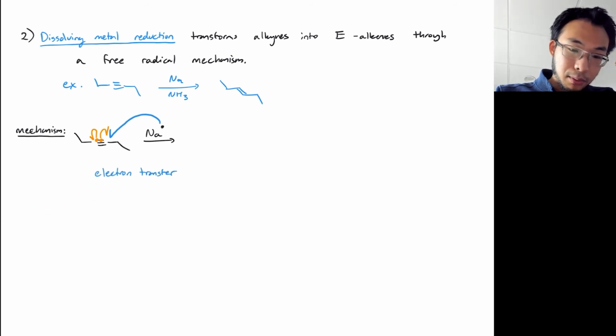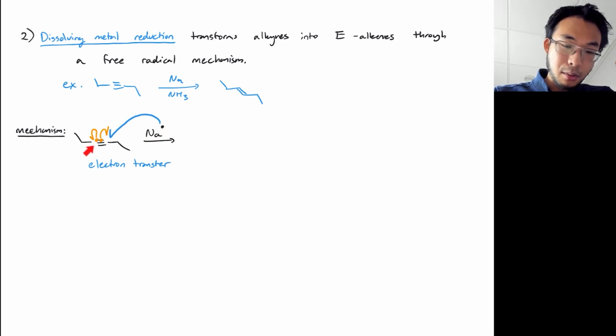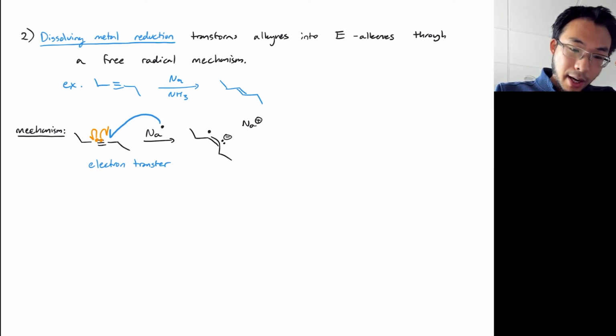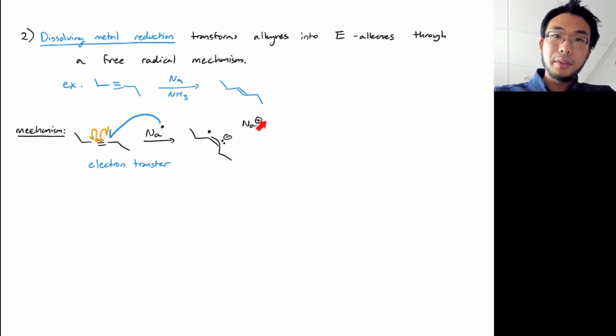And so again, the blue arrow here is indicating an electron transfer from one species to another, not a bond formation. After this process, what we get looks like so, where I've paired the sodium's electron with one of the electrons in this pi bond, and I've left an unpaired electron on the other carbon atom. So I get a free radical and a carbanion, in addition to the sodium cation.